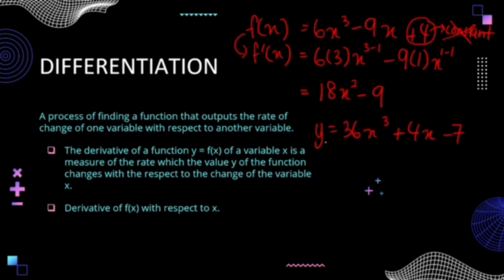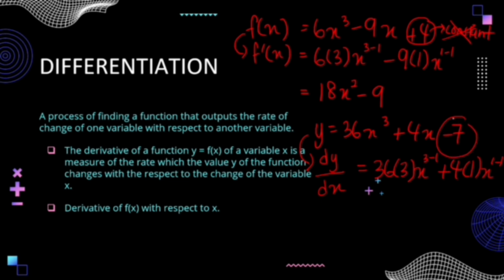Another example, which is y equals 36x cubed plus 4x minus 7. Again, to differentiate, dy over dx equals 36 times 3 x to the power of 3 minus 1, plus 4 times 1 x to the power of 1 minus 1.